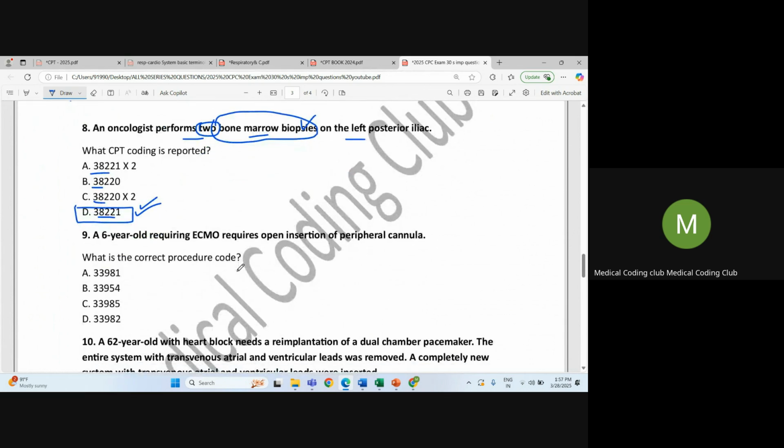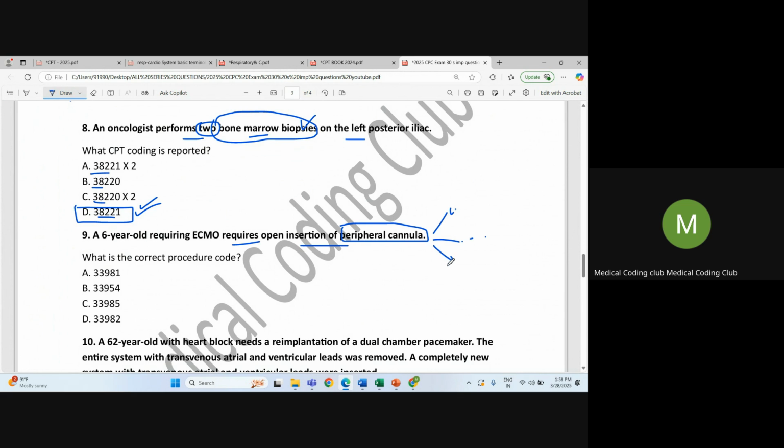Next question, a 6-year-old requiring ECMO. Okay, ECMO requires open insertion of peripheral cannula. So here it is cannula insertion. When you take an ECMO procedure, there will be 3 different scenarios: cannula insertion, cannula reposition, and lastly decannulation.